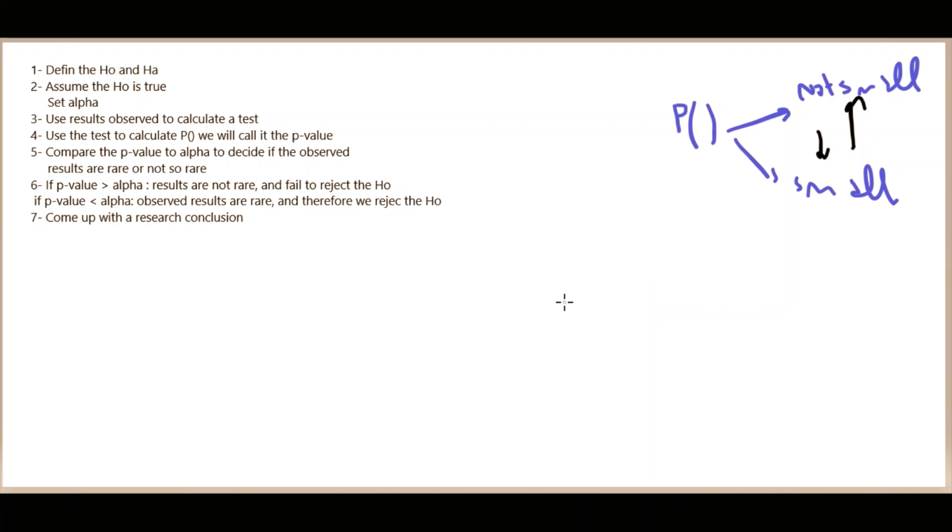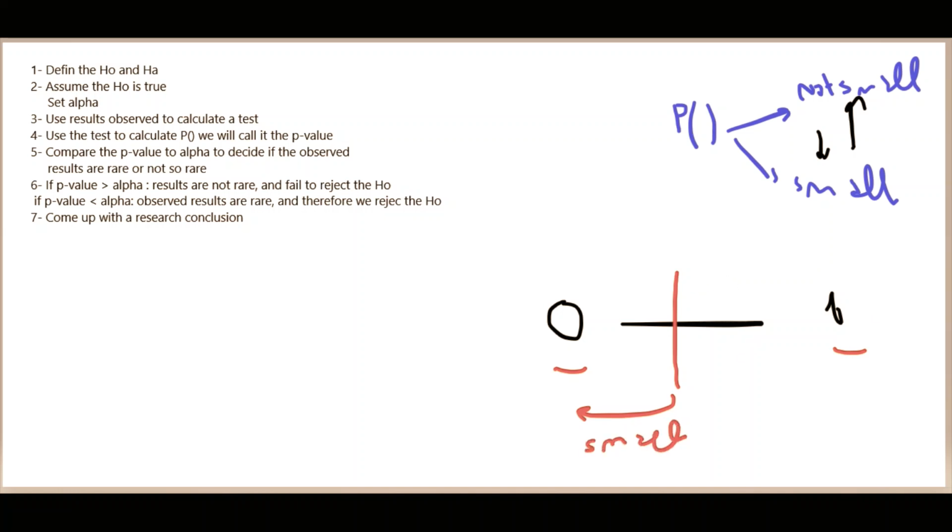Obviously, remember that a probability goes from 0 all the way to 1. And somewhere between 0 and 1, you need to draw a cut point below which a probability will be considered small, and above the probability will be considered to be not small. So where do we draw that line?